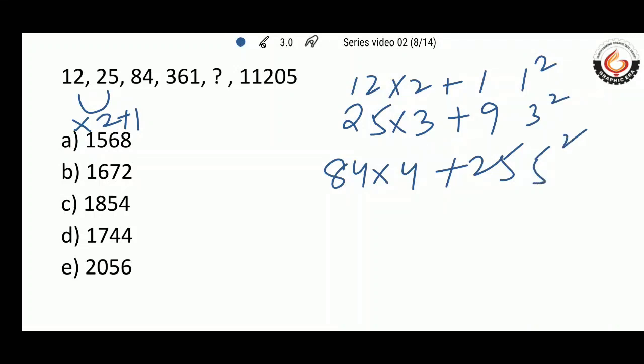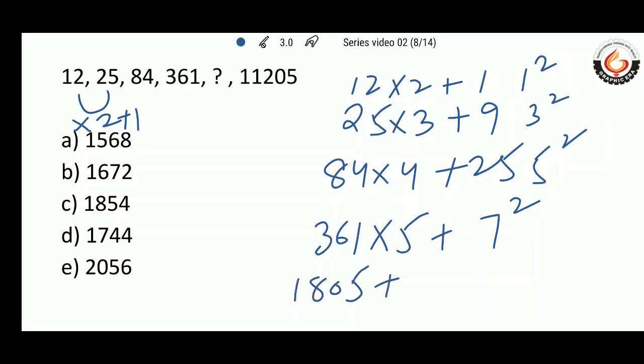So next should be, I guess, 361 into 5 plus square of 7. 361 into 5, it is 1805 plus 49. It should be option C. Check it for the next digit as well. That is 1805 into 6 plus 9 square, whether it's satisfying the given statement or not. Next one.